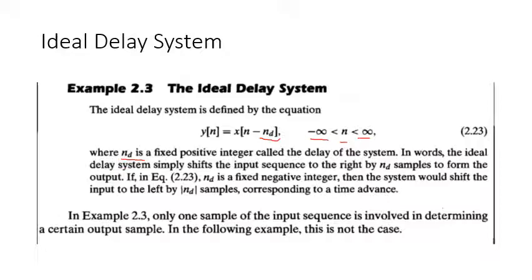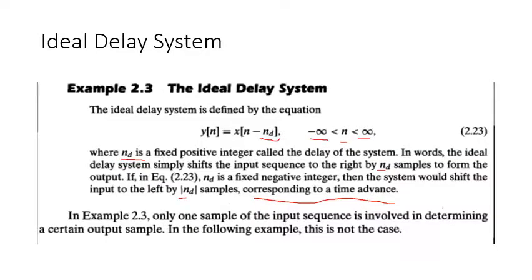So whatever x of n comes in, it simply shifts the input sequence to the right. If nd is positive, this will shift the input sequence to the right. If nd is negative, it will shift this sequence to the left. Whenever there is a shift to the left, it corresponds to an advance in time. When nd is positive, it corresponds to a delay in time.